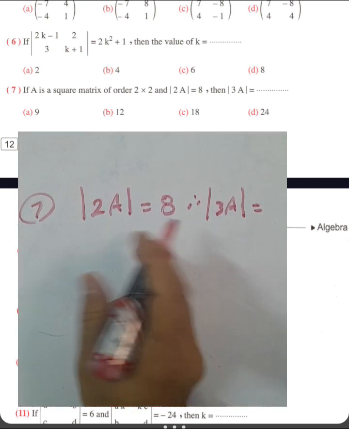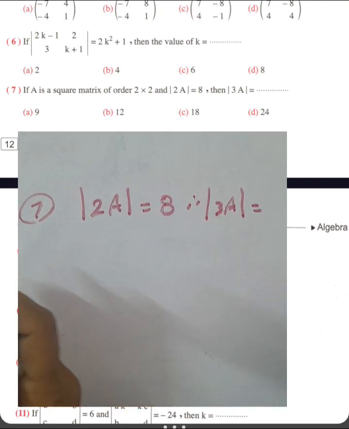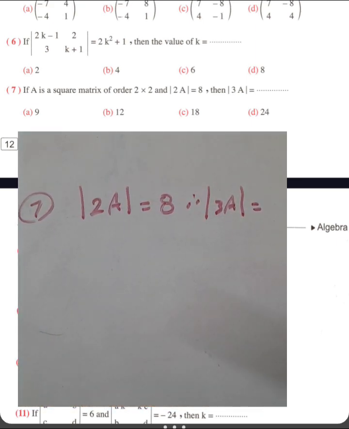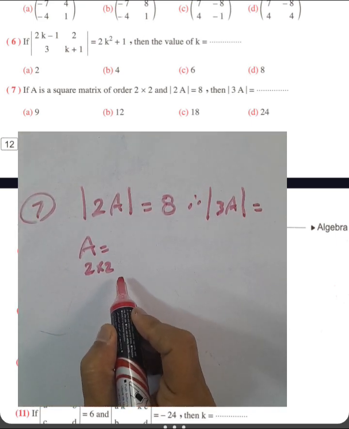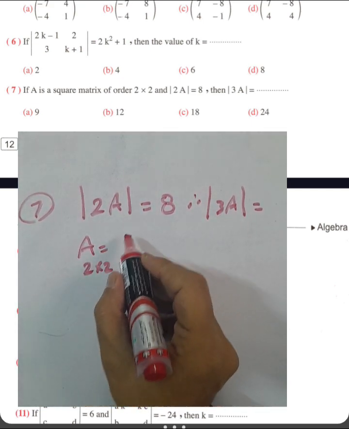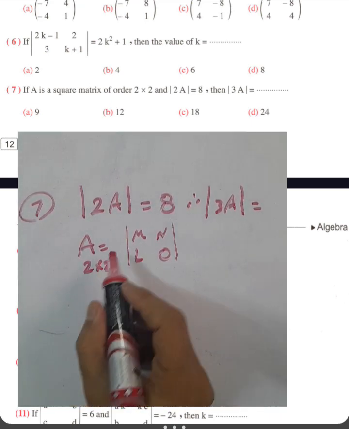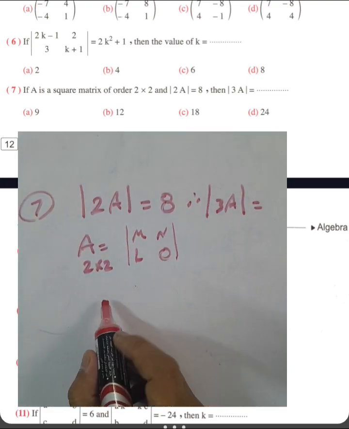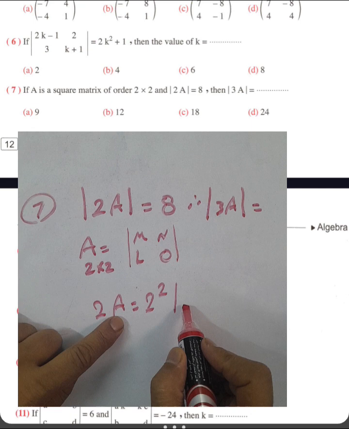You can use this property of determinants: if you take 2 out of all the horizontal rows, the result will be 2 times 2. It's an ordered matrix of order 2 by 2, such that if we have a matrix M N L O, we can write 2 outside, meaning put 2 from each horizontal row, then it will be 2 power 2 times the value of matrix A.